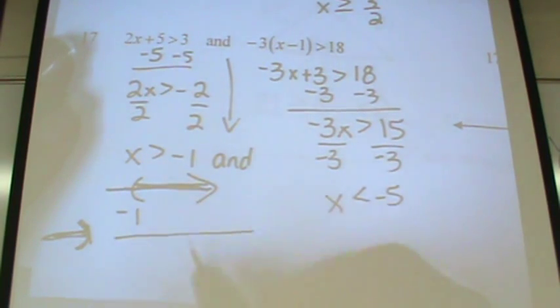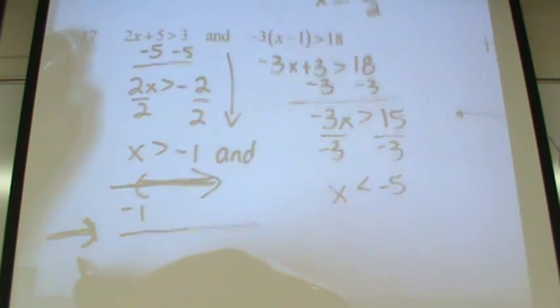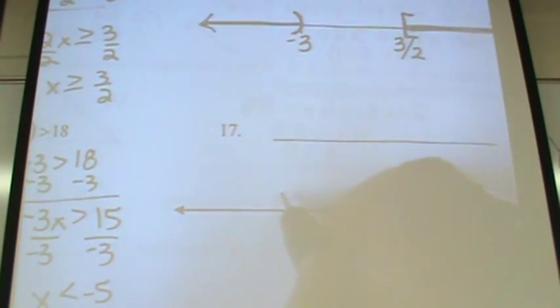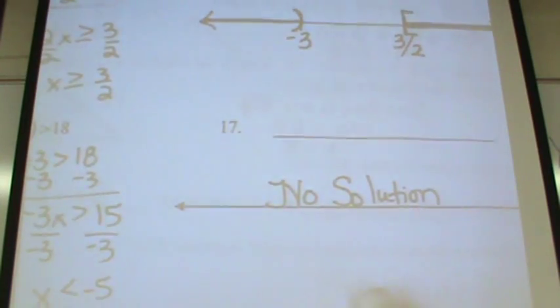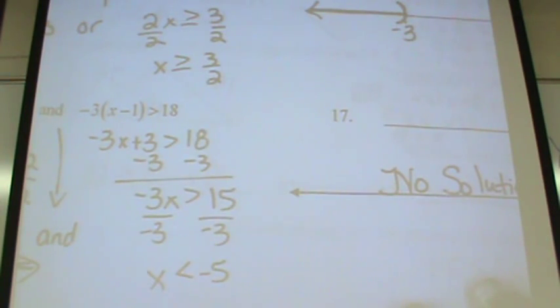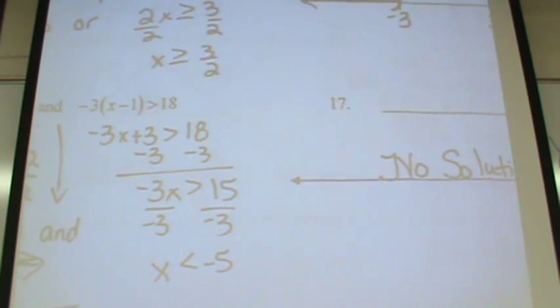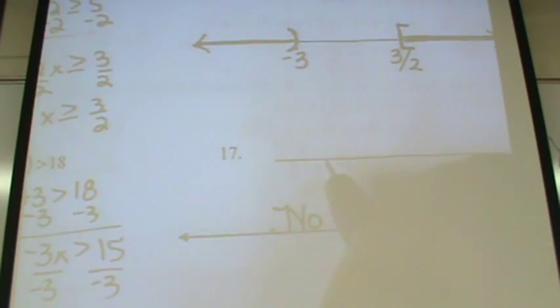And it doesn't look like these two are intersecting because -5 is smaller than -1. So there is no solution. These two are not intersecting. Okay, there is no solution. There's no graph.